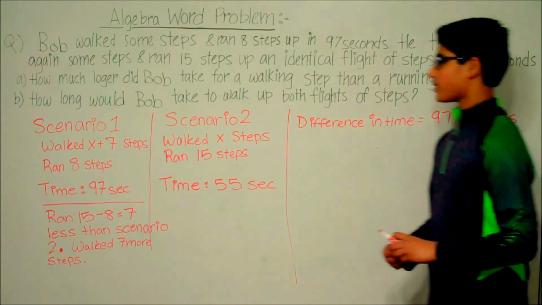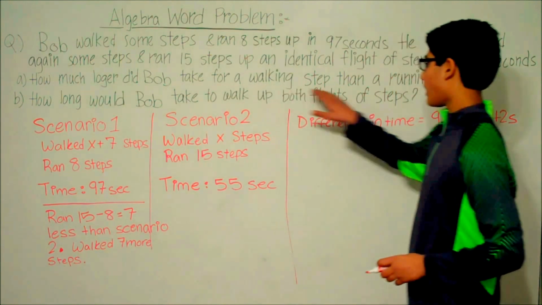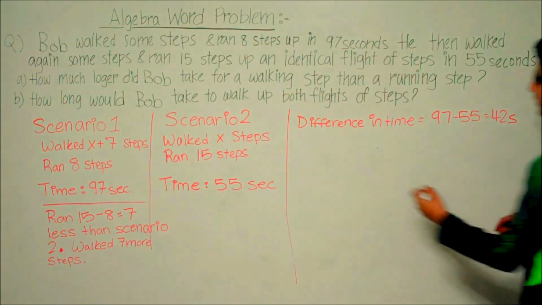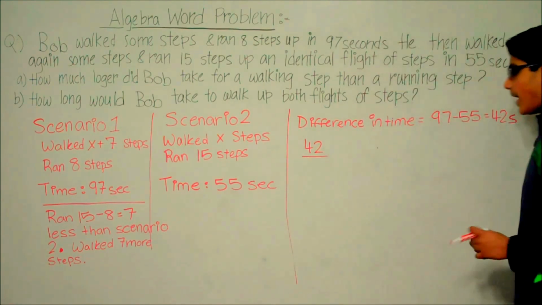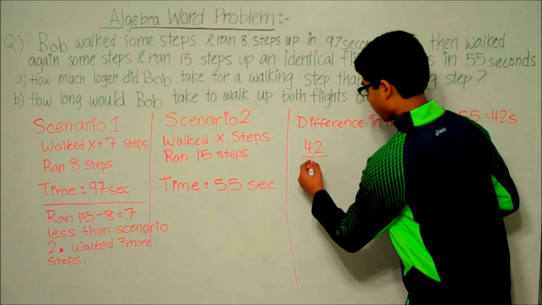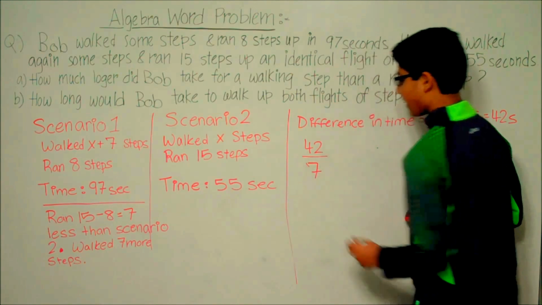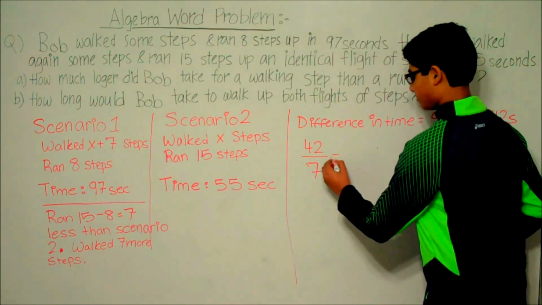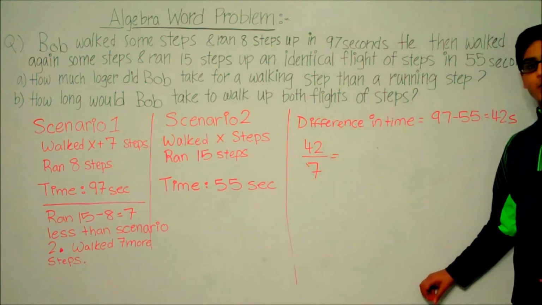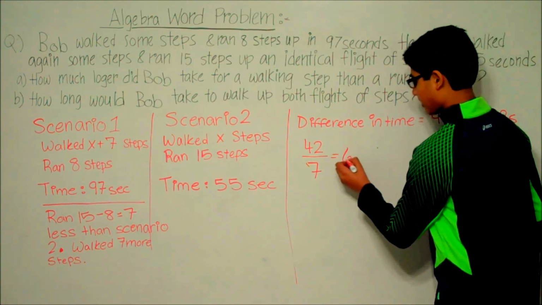So, to find out how much longer Bob takes for a walking step than a running step, we have to divide the difference in time, which is 42 seconds, by the number of extra steps that Bob took in scenario 1, which is 7. This is equal to 6 seconds.